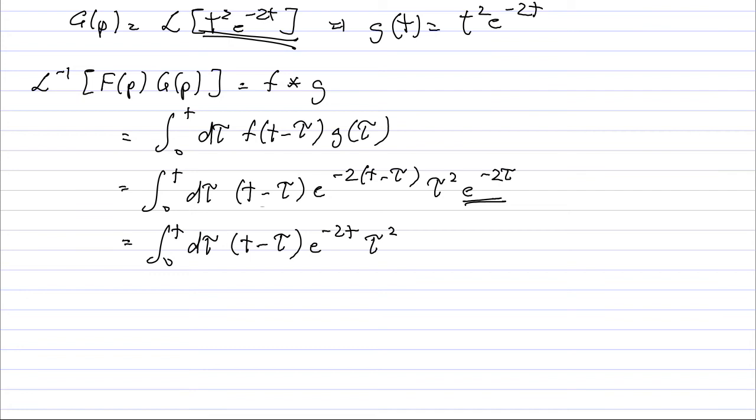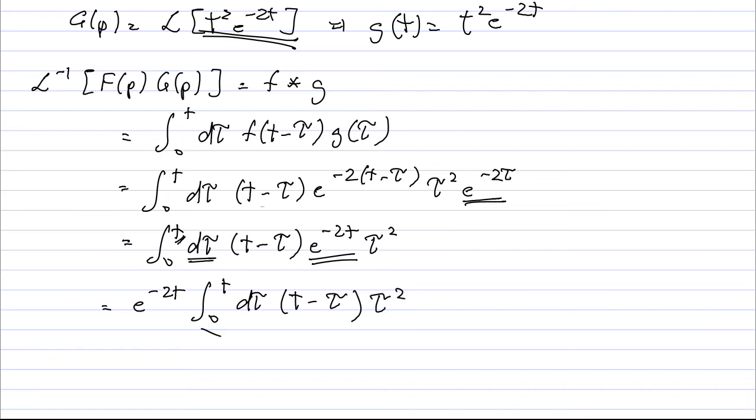Before I split it up into two parts, this factor only depends on t, which is the upper limit, and the integral is over tau. So I can pull e raised to power minus 2t outside the integral, leaving the integral from 0 to t d tau of (t minus tau) tau square.